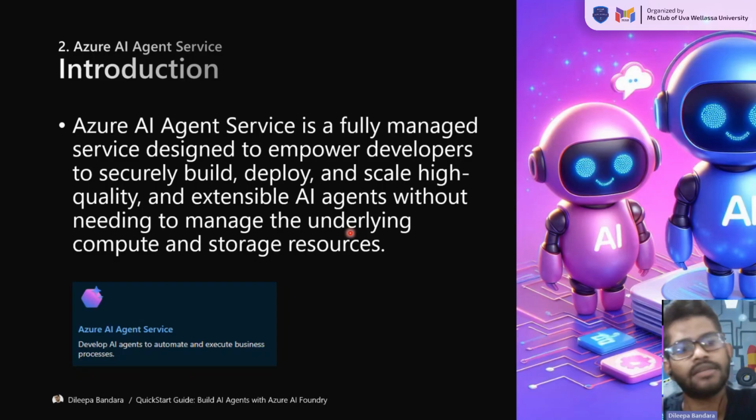If you are working with any AI thing, you may need to work with compute resources, maybe GPUs, storage, some underlying logic, including your frameworks or whatever. When we work with Azure AI Agent Service, you don't have to worry about all of these things, right?